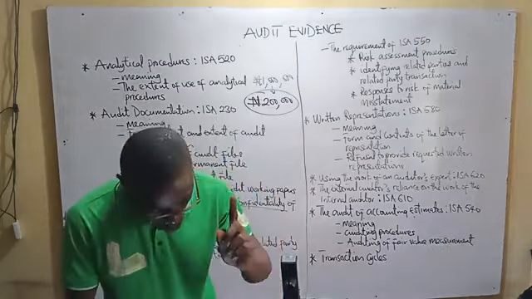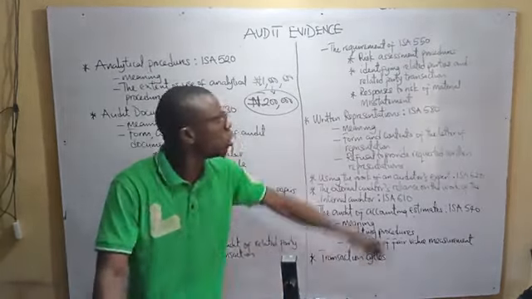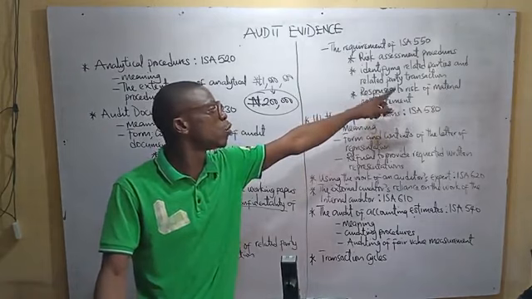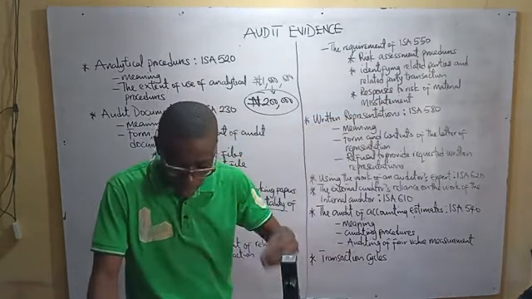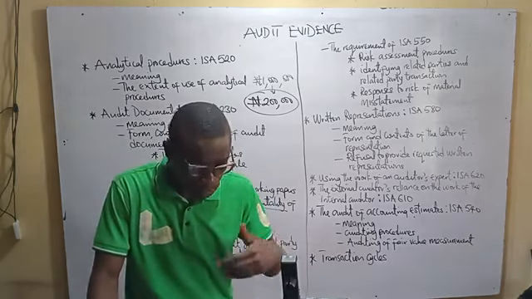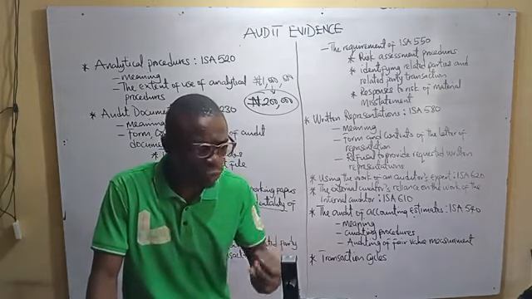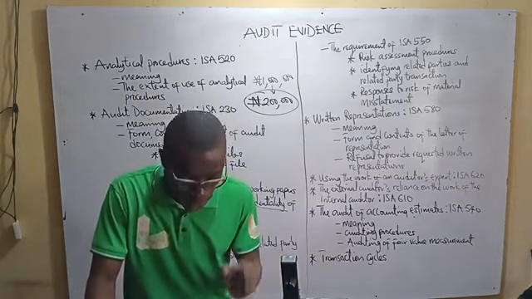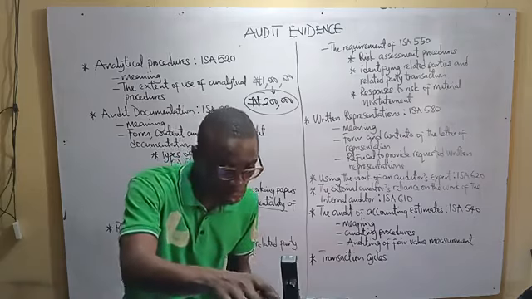So when an auditor wants to respond to risks of material misstatement of related party transactions, he will need to follow this procedure.